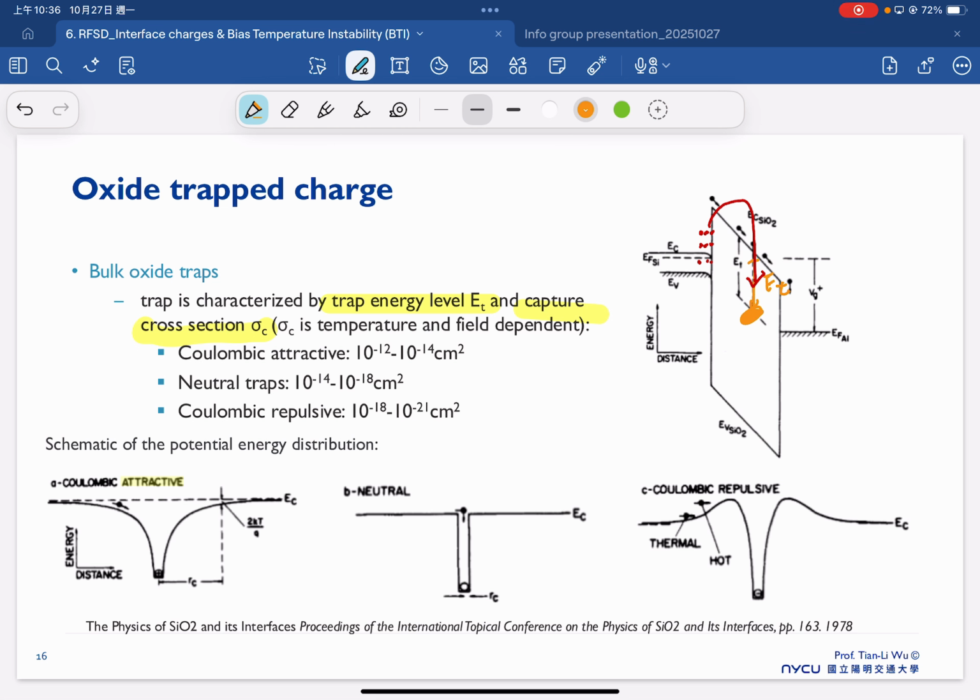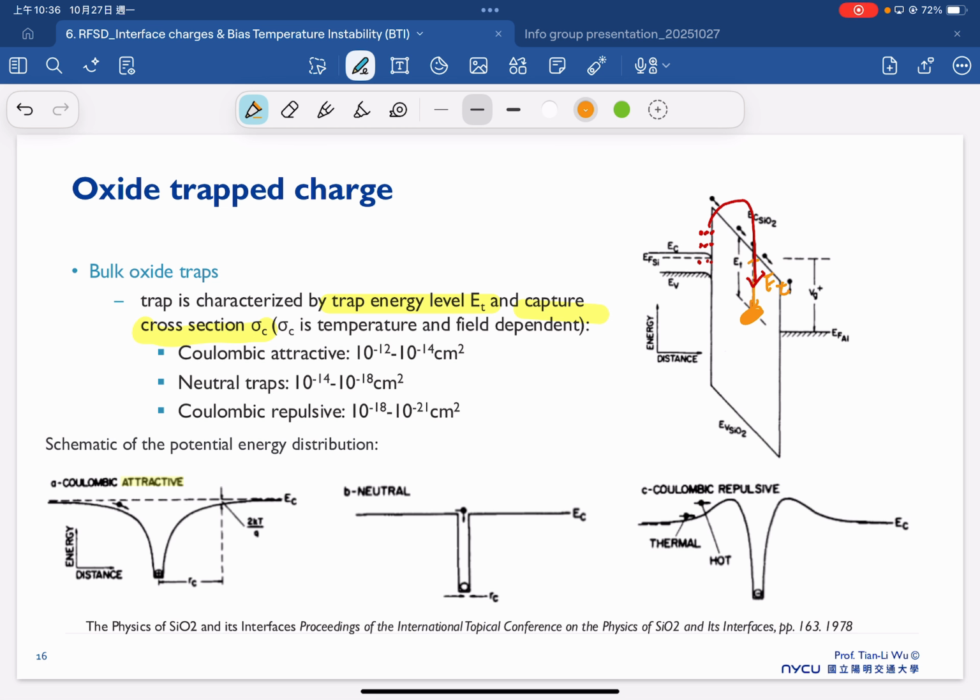So that's why the ET is one of the key characteristics that we call a trap energy level. But another one is the capture cross section.